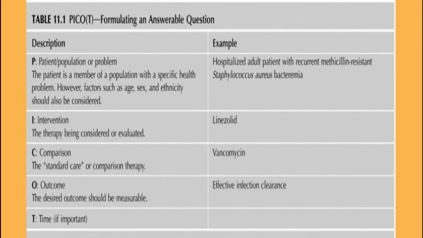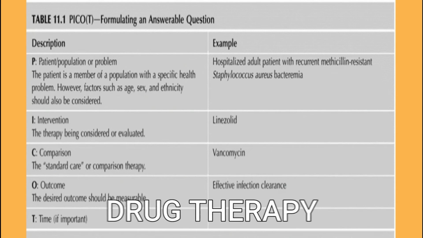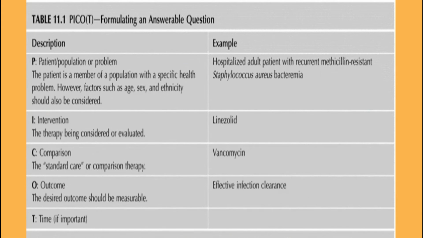So example sa ating P is a hospitalized adult patient with recurrent methicillin-resistant Staphylococcus aureus bacteremia. So yun yung problem natin. Our intervention is to use linezolid as a therapy. Comparison for linezolid is the standard care, which is the drug vancomycin. The outcome na gusto naman nating makamtan is effective infection clearance.